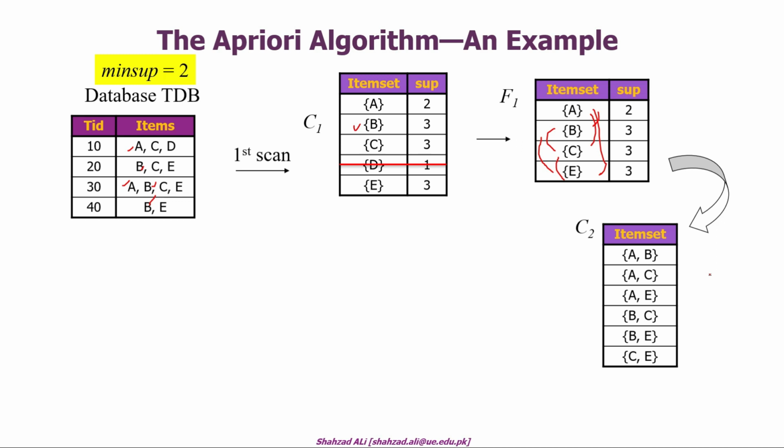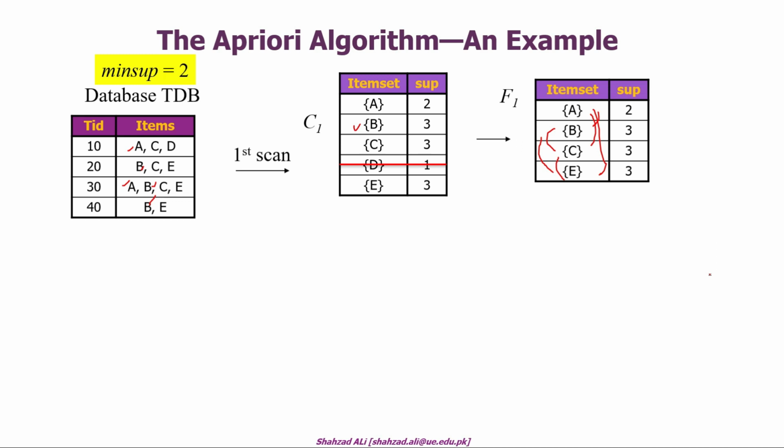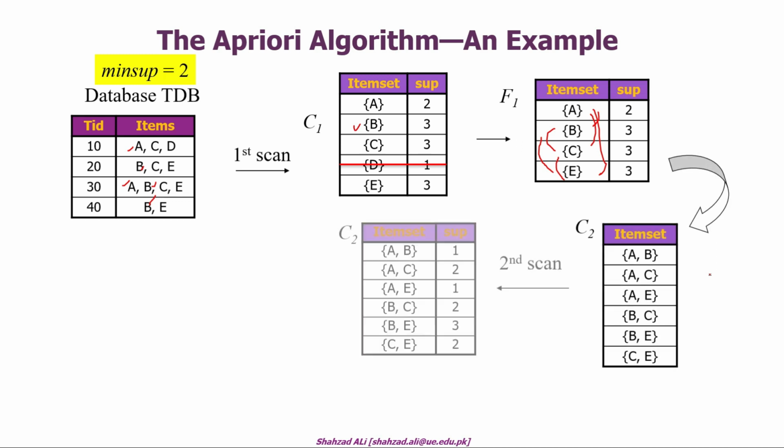So we again go into the database, scan the database again and calculate their support count. Like AB, both items occur together only once in this transactional database, as AB occurs in transaction ID 30, and similarly AC occurs twice, like you can see here in transaction 10 and transaction 30.